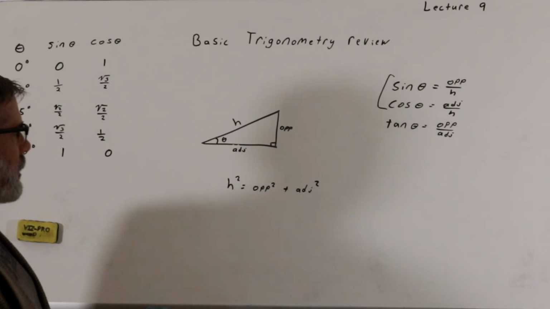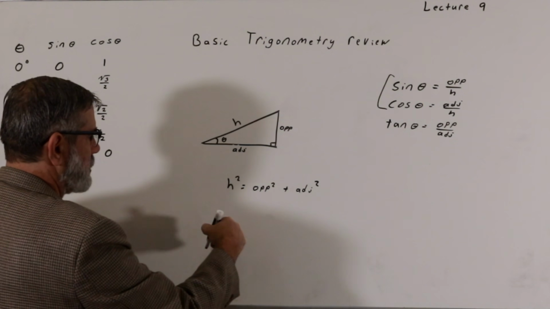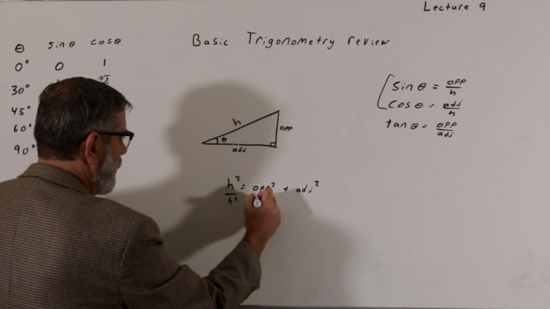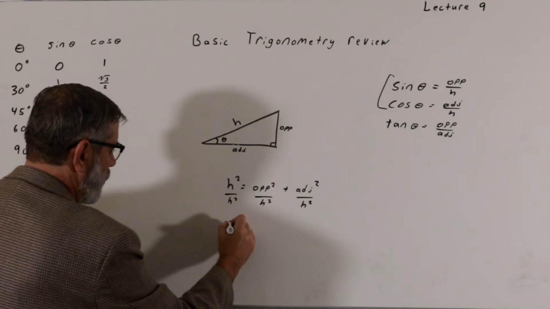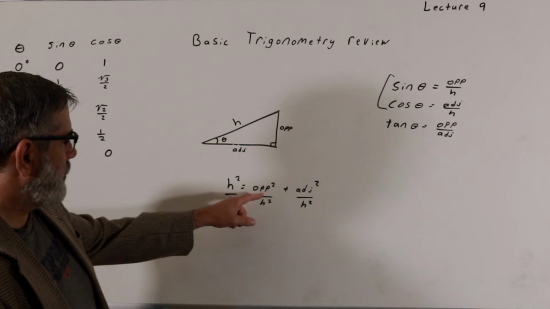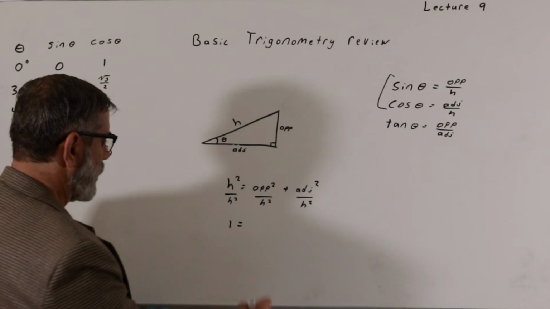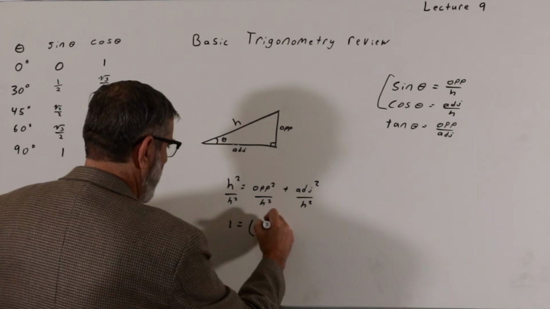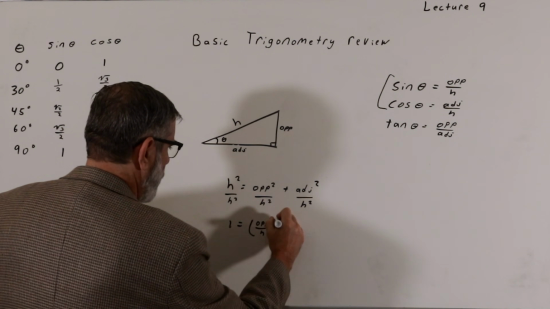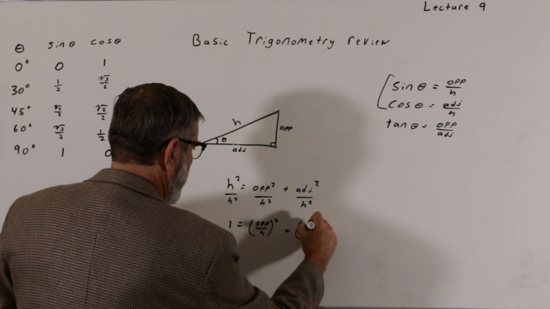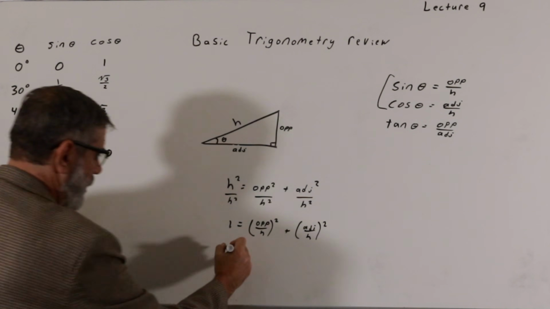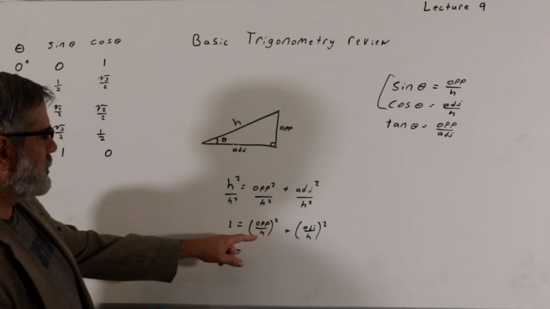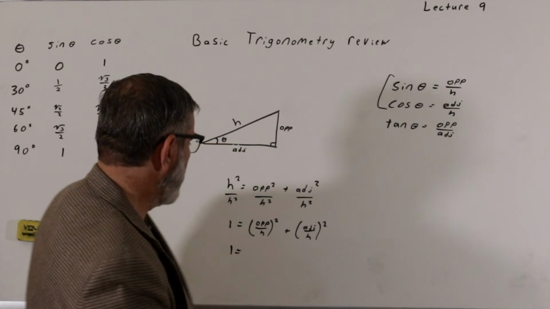And if I divide both sides of this by h squared, then h squared over h squared is 1. The opposite squared over hypotenuse squared is the same thing as opposite over hypotenuse, quantity squared. And the same thing for the adjacent over the hypotenuse squared. But opposite over hypotenuse, that's just the sine of theta.